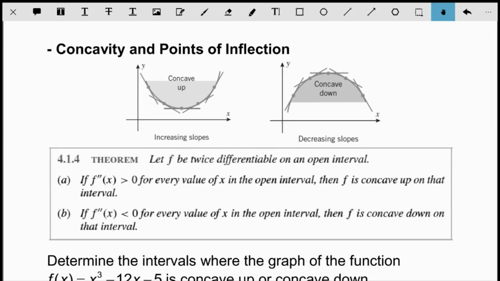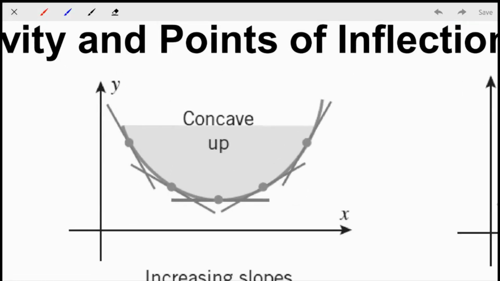So when we talk about concavity, what we're thinking about is, does it have the shape of a parabola opening up or a parabola opening down. And if you notice here, when we're concave up, look at the slopes in this graph. You can see how it started really steep in the negative direction, and they're slowly flattening out to 0, and then they start increasing and getting steeper and steeper.